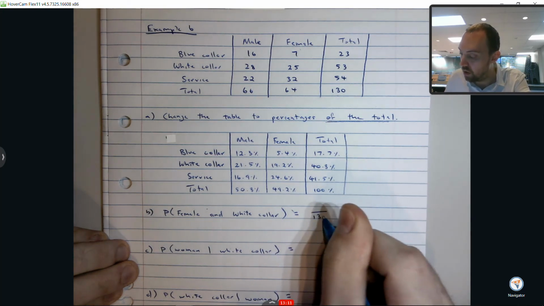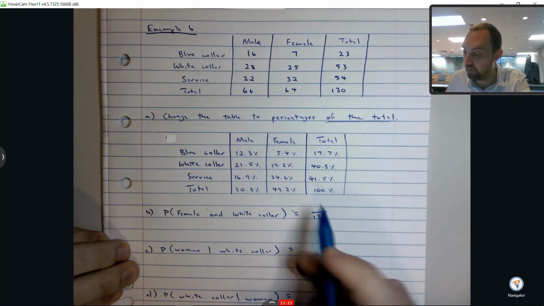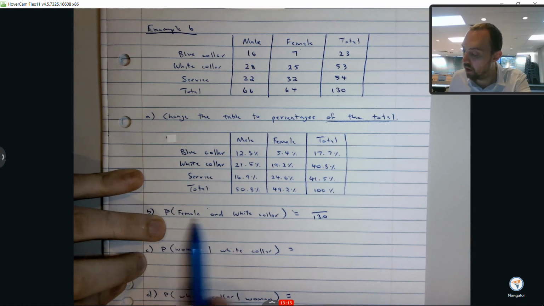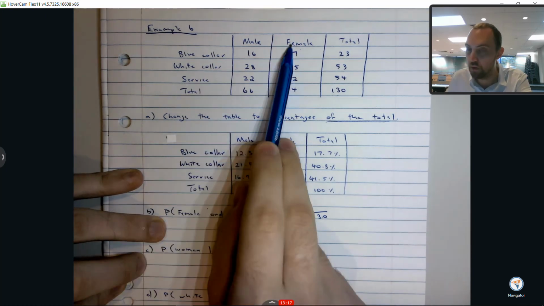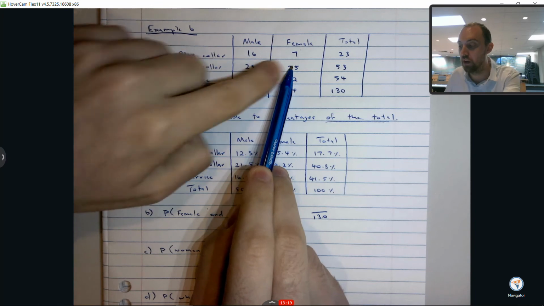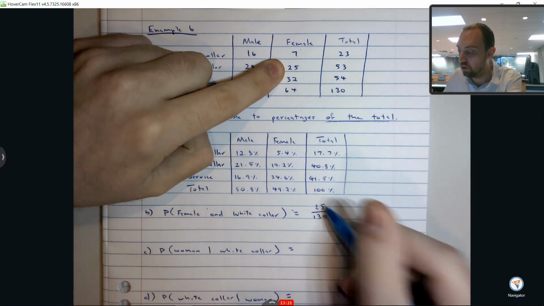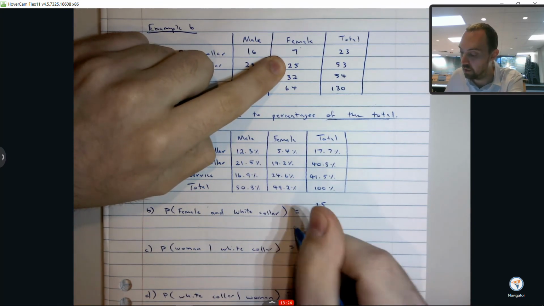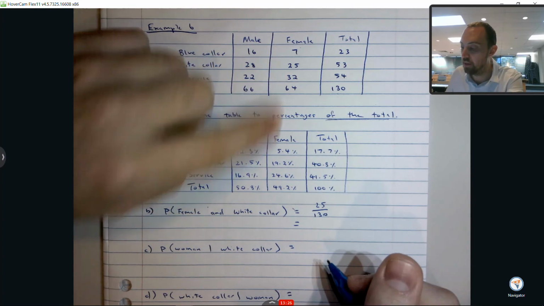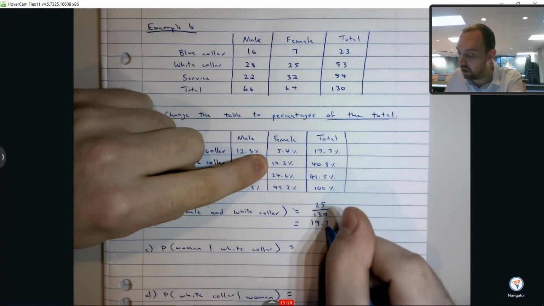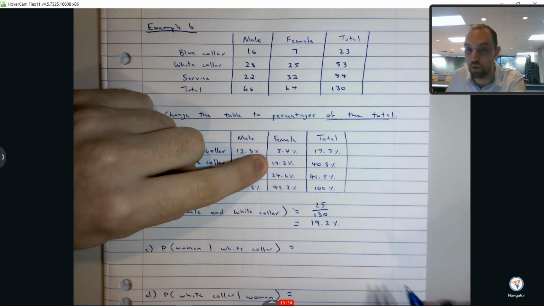Out of the 130 people surveyed, to be female and white collar, there are 25 out of the 130 people, and we should have already worked out that that percentage is 19.2.